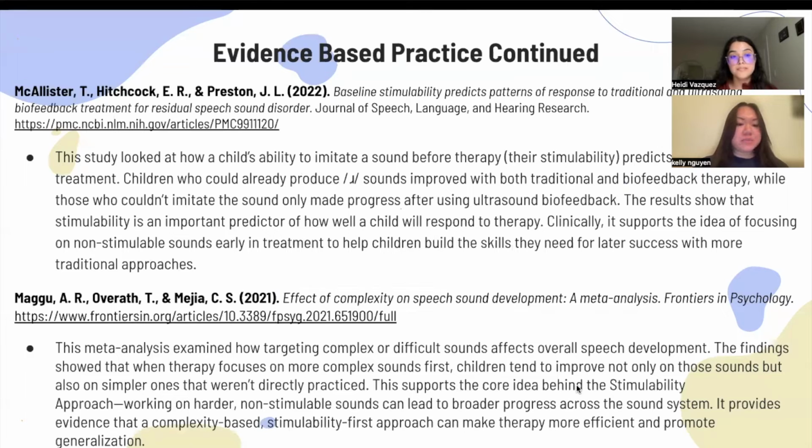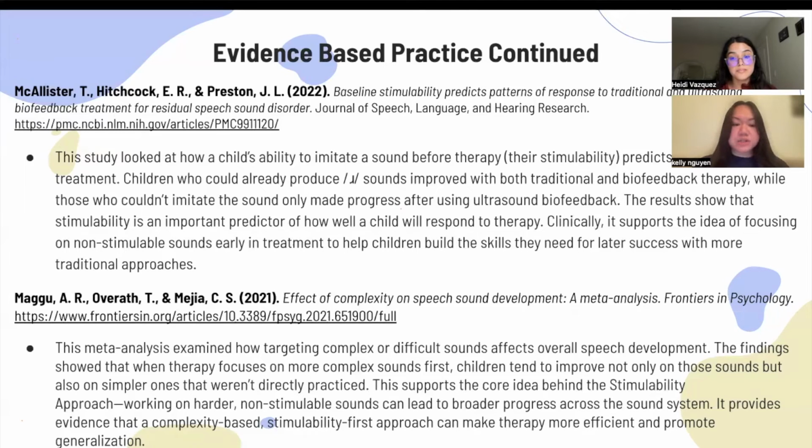McAllister, Hitchcock, and Preston also have a study looking at how a child's ability to imitate a sound before therapy predicts progress in treatment. Children who could already produce the sound improved with both traditional and biofeedback therapy, while those who couldn't imitate the sound only made progress after using ultrasound biofeedback.